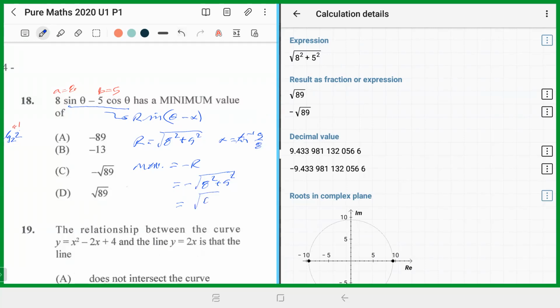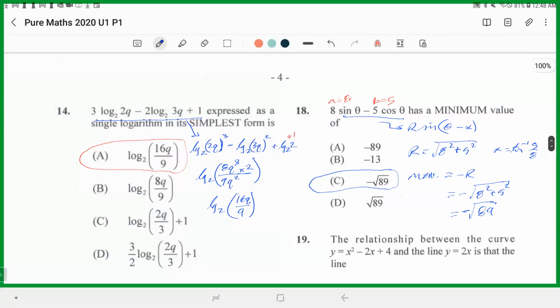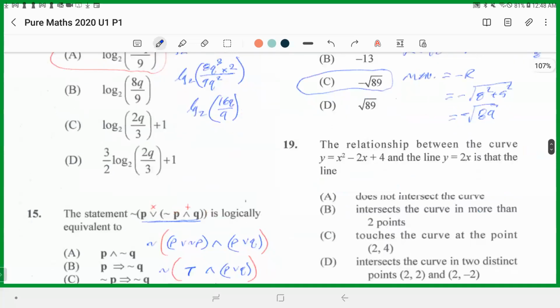Square root of 89, negative square root of 89.